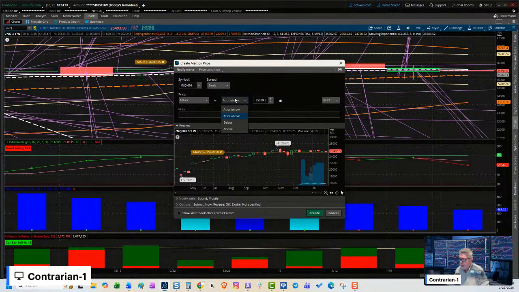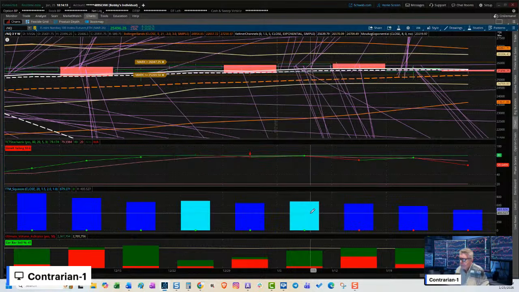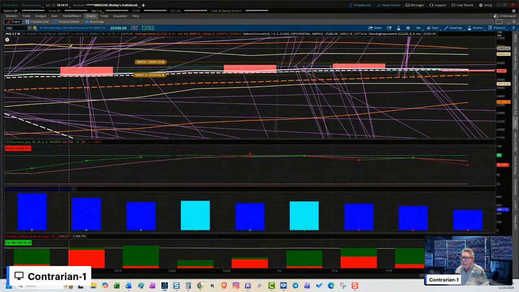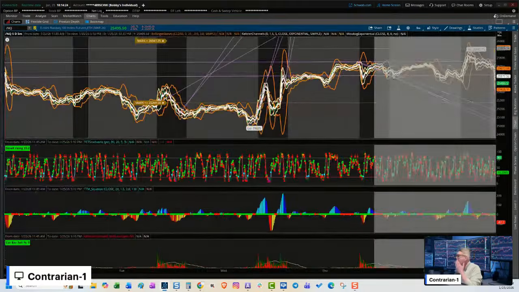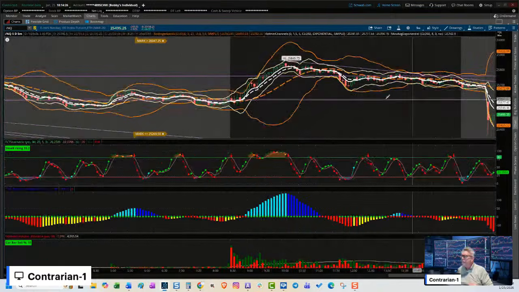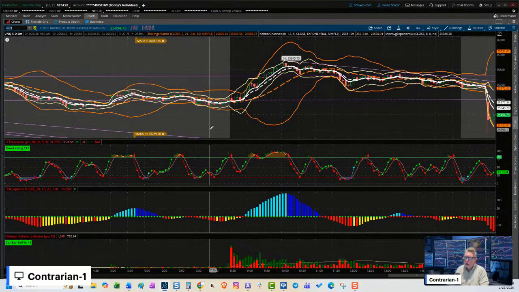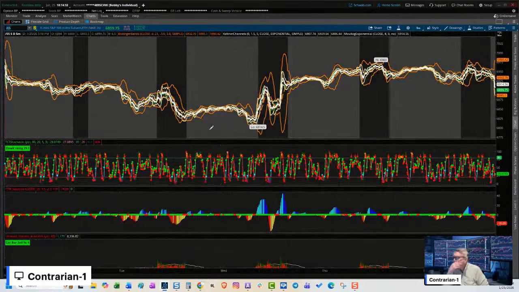I may book some profits at this 21 period EMA because that's a natural support level. Good. Let's take a look at ES. ES opening down 0.66%.